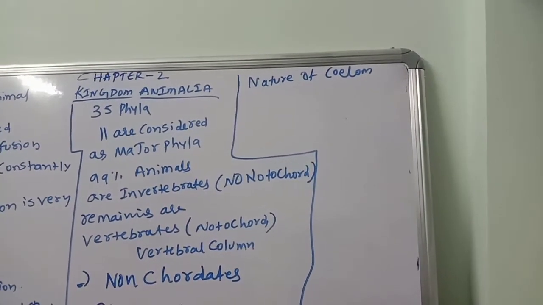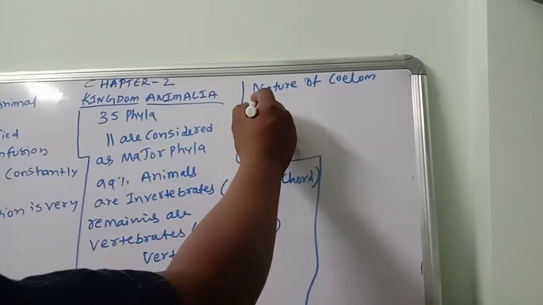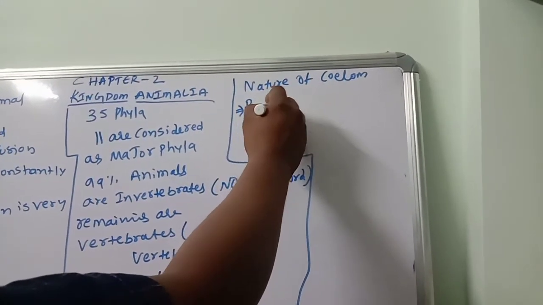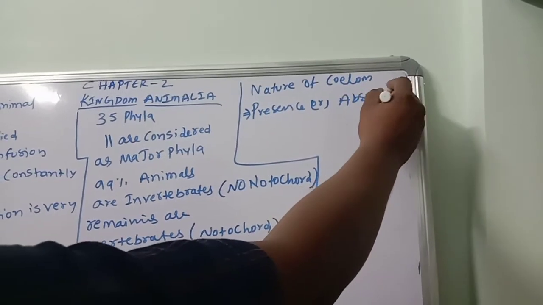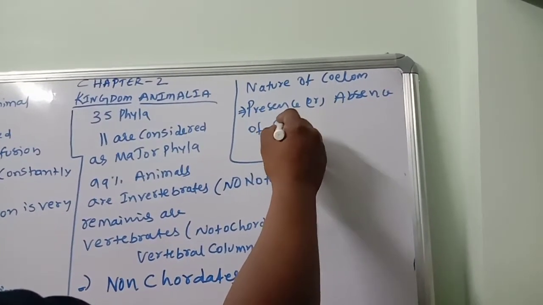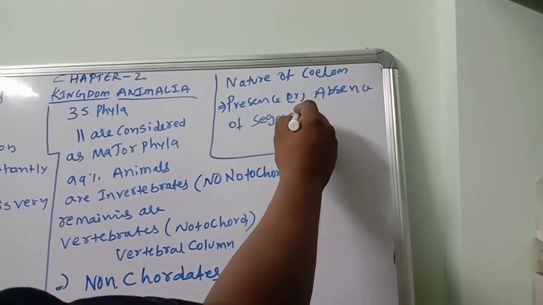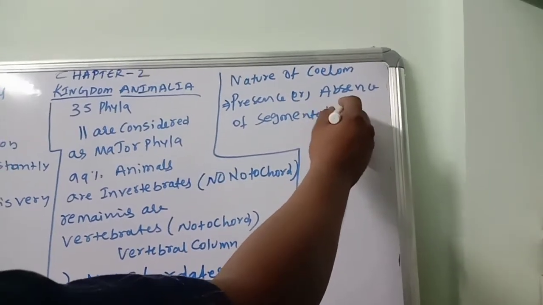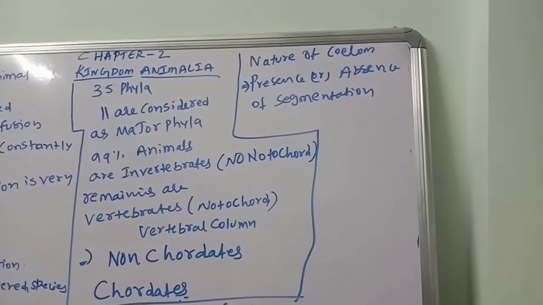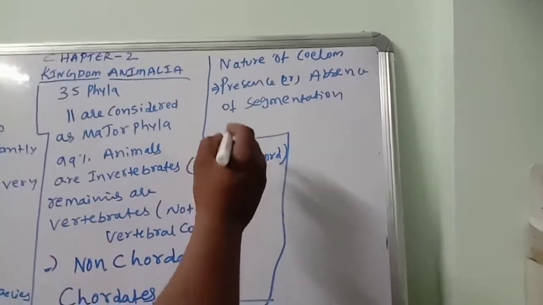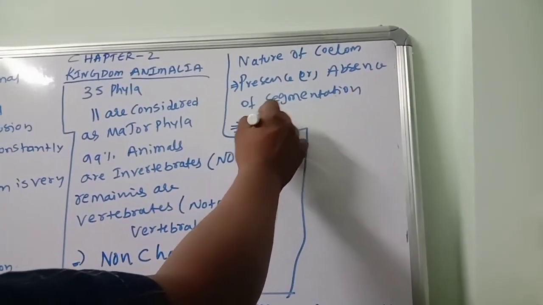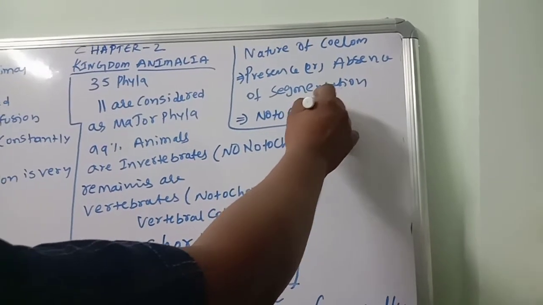The presence or absence of segmentation, where the body is divided into segments, like an earthworm with so many segments. The next one is notochord and its organization: whether a notochord is present or not.